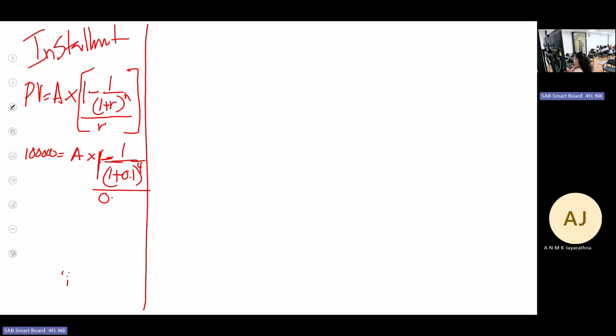Divide by 0.1. Calculate the annuity factor and tell me. You divide and have the answer, right? And installment is 31,250.